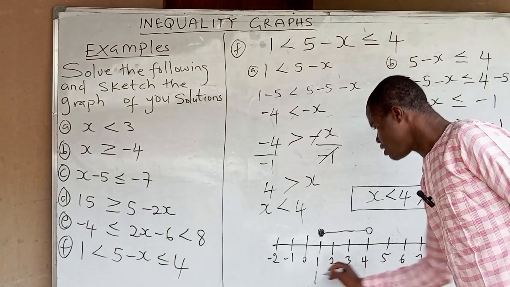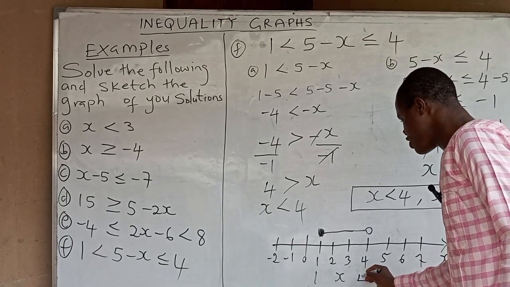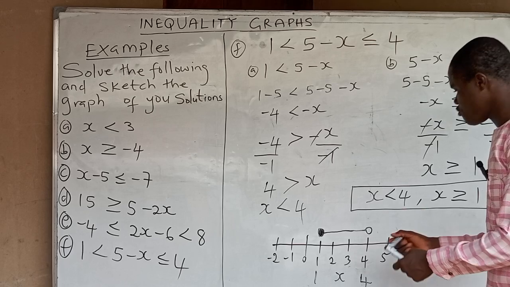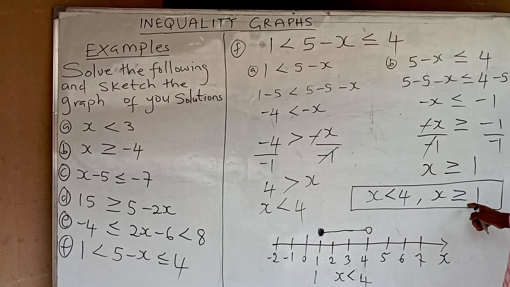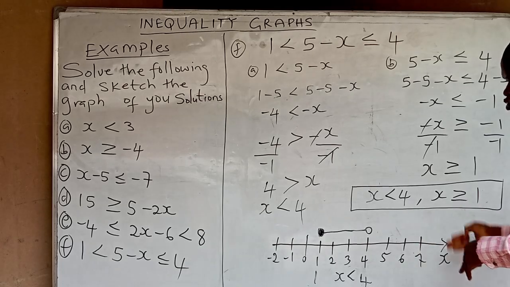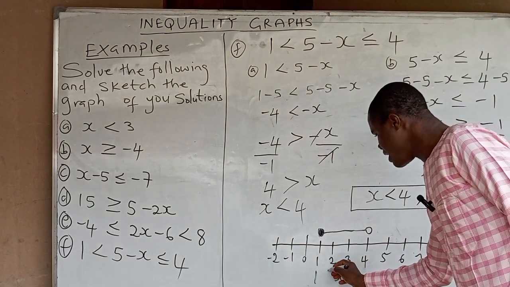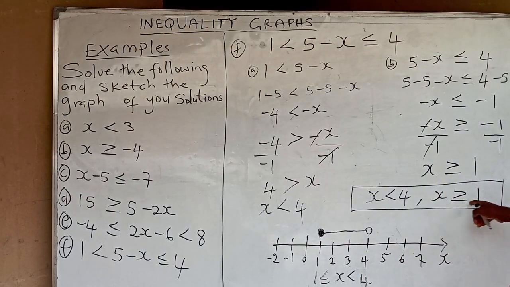I'll write 1 here, put x at the center, put 4 here. x is less than 4 is this part. x is greater than or equal to 1 means that 1 is less than or equal to x. So I can now put less than or equal to. That is the interpretation of this part.